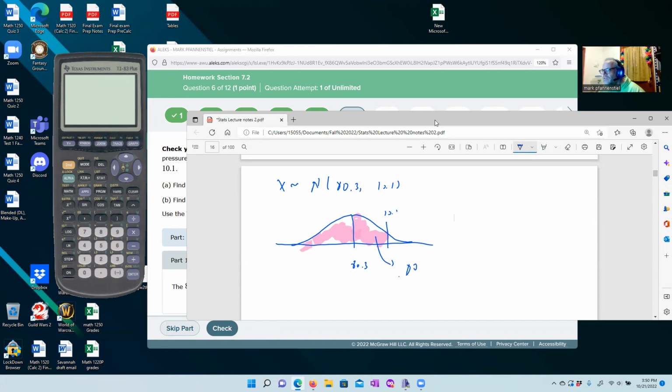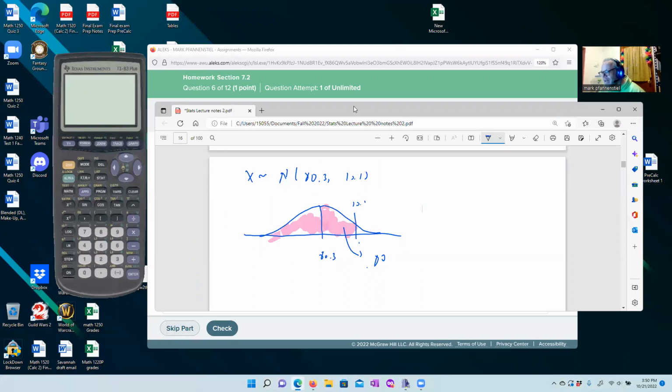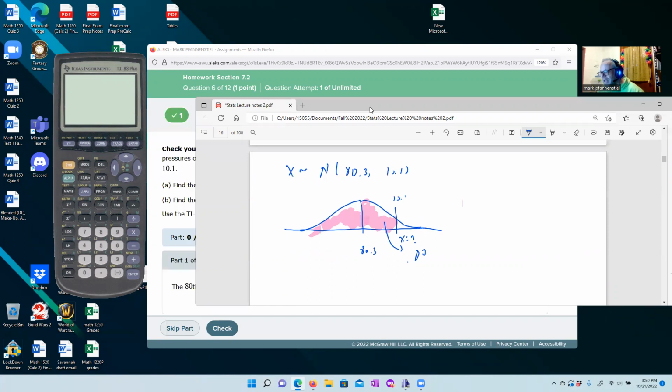Notice they gave us the percentile. They didn't ask what percentage is above this amount. They said, here's the percentile, what X led us to get to this spot? What do we have to set X to in order to get the 80% here?